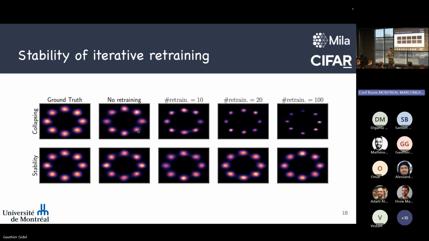Yes, Yanis. What is the value of lambda? That's a very good question. Here, the value of lambda is 1, I think, for this experiment. So it was as much real as fake data points. We will have a result in the theory that says that if lambda is small enough, you have stability.